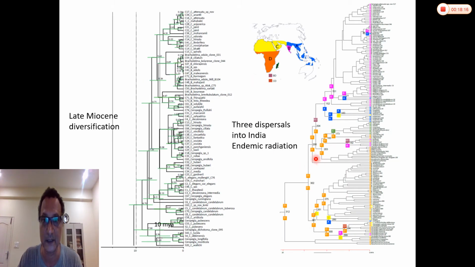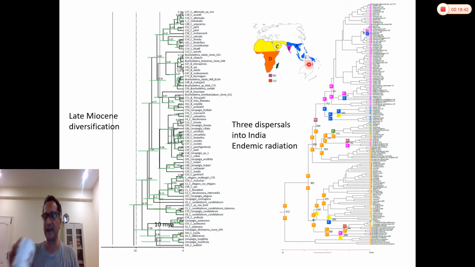So we have also done some biogeographic analysis here. This is the Indian radiation, the one in pink, and all of this part of the phylogeny is African, so there was a dispersal from Africa followed by a radiation in India. And from India, of course, some lineages also dispersed to Southeast Asia.